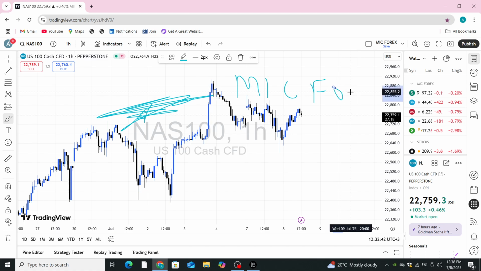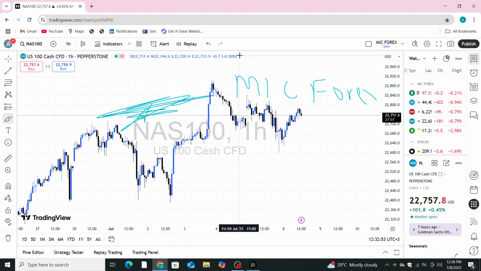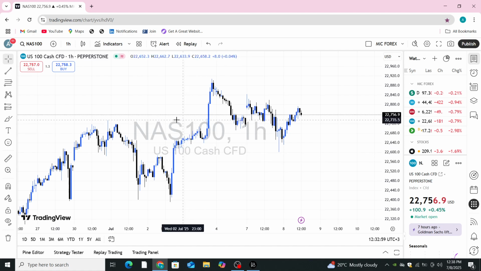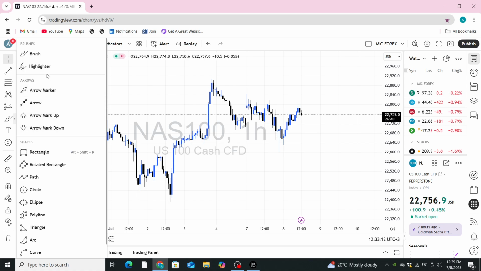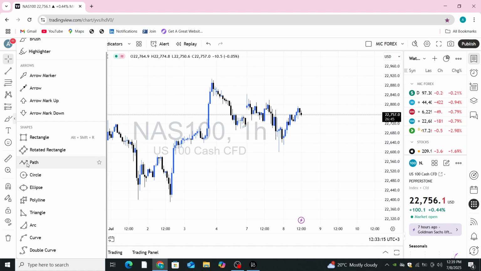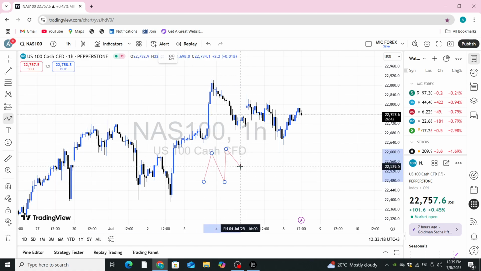This one is used for training, but in most cases I use the text personally, because this one is very difficult to use when it comes to speed and keeping up with the people that you are training. You can also use the rectangle, very popular. You can also use path. Path is something like this. Yeah, we'll be using this one many times.